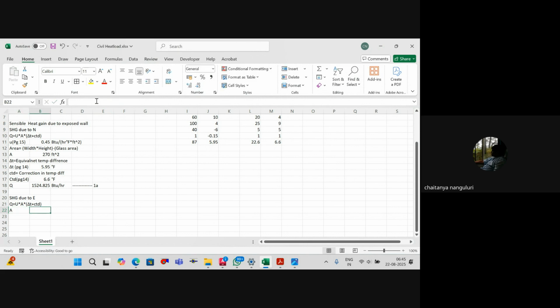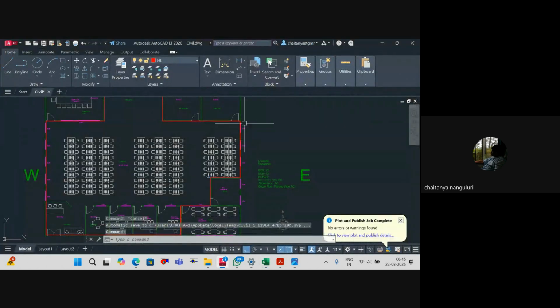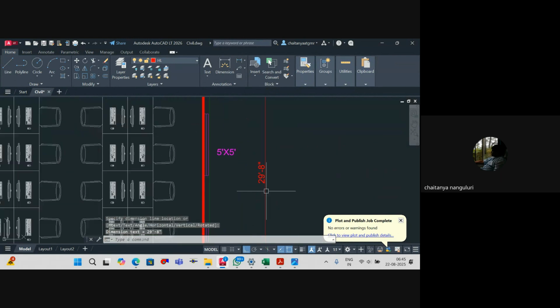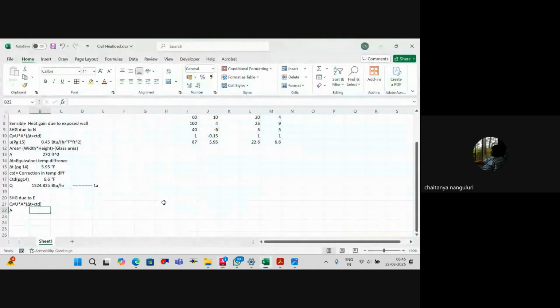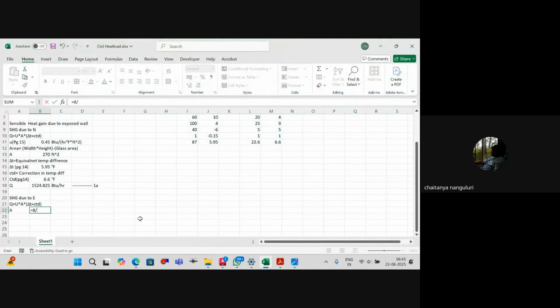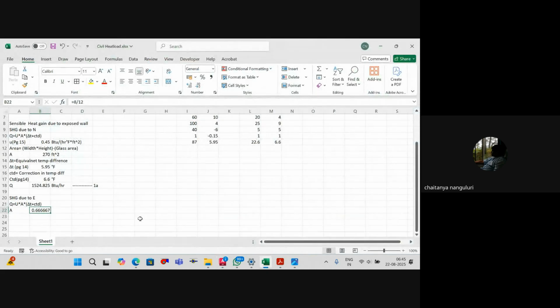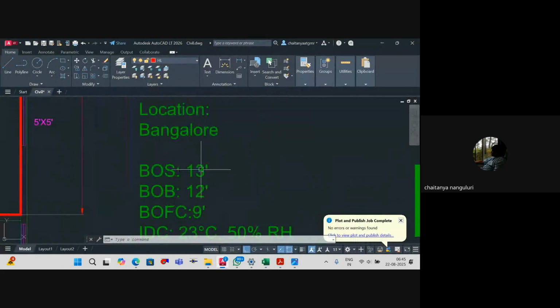The A value is nothing but the area, length into height. This is the length we got, which is 29 feet 8 inches. 8 by 12 is 0.67, so 29.67 into 13 feet, the bottom of the slab. You agree?